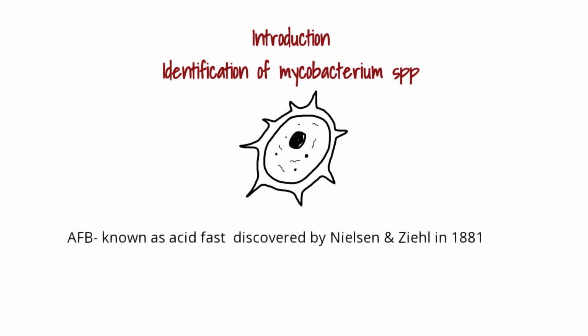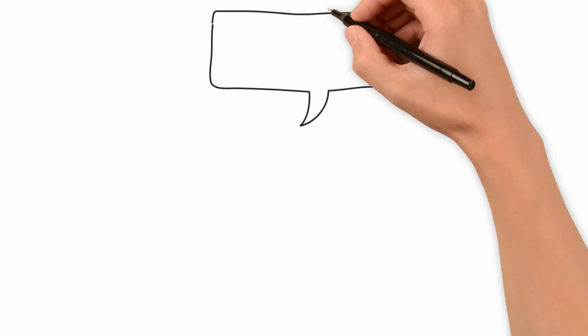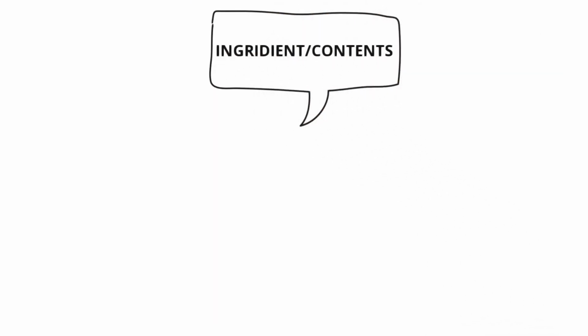Let us go and see the ingredients, or the content, of this acid-fast bacilli staining. As I said in the first part, the staining comprises three parts: the primary stain or primary dye, the decolorizer, and the counter stain.